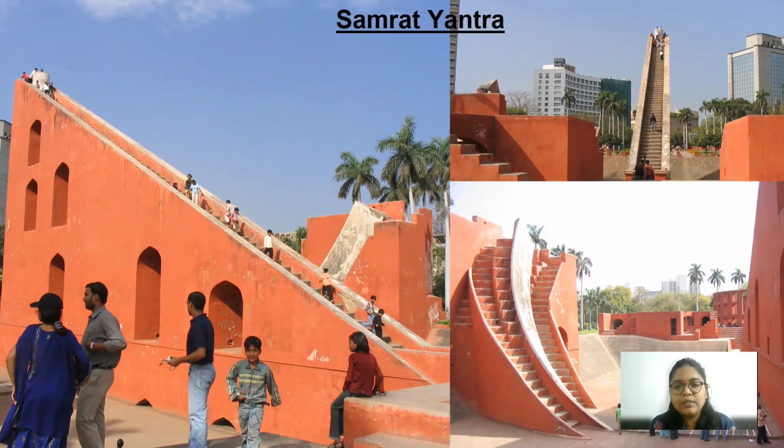As you can see, on top of the staircase, you can see a new moon. This new moon is actually pointing towards the pole star, Dhruv Tara. And this staircase is just in the direction of the axis of the Earth. That's how it's pointing towards Dhruv Tara.